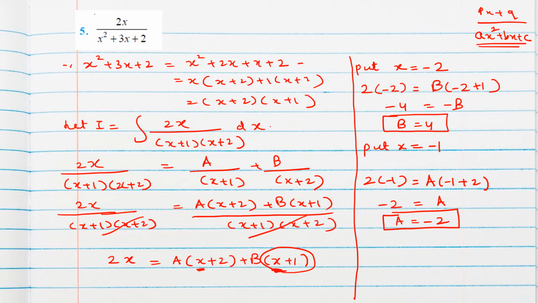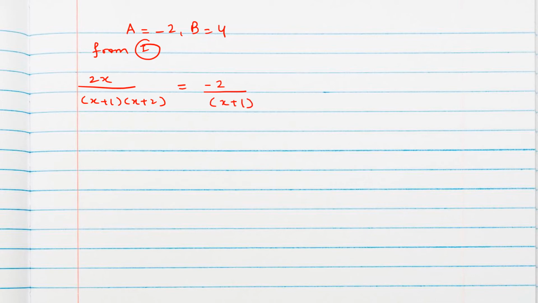So now the a and b values we can substitute in equation 1. So a is minus 2 and b is 4. From 1 we can write 2x by (x plus 1)(x plus 2) is a by the first bracket, but a is minus 2 by the first bracket, b by the second bracket means 4 by the second bracket.